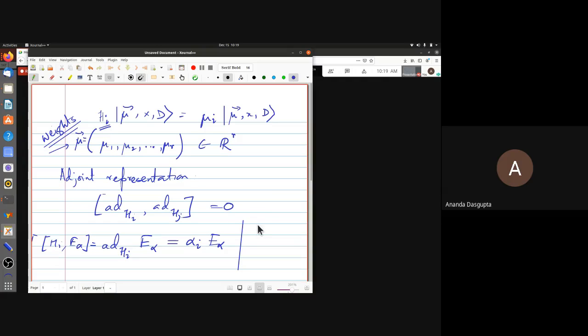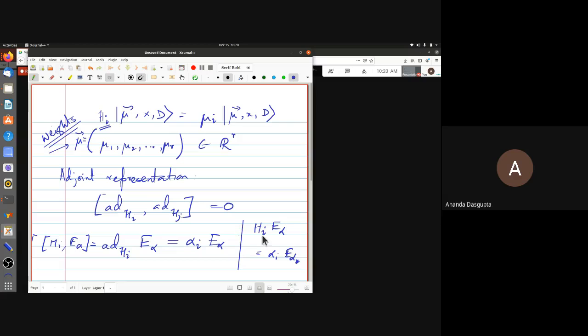So when he talks about a relation like this, he wants to write it as HI, the same HI, acting on E alpha produces alpha I E alpha. But this is potentially misleading because HI E alpha already has a meaning, right? You see, the point is that this operator goes and acts on your vectors to produce new vectors.